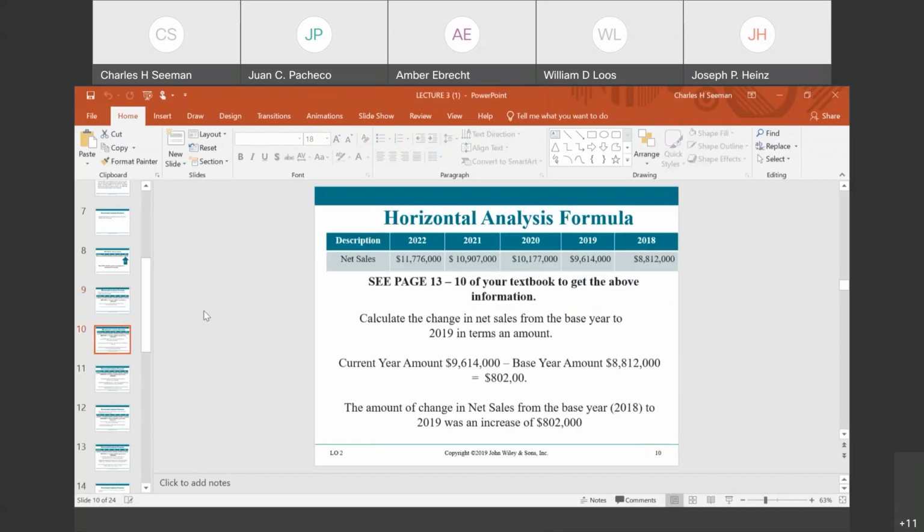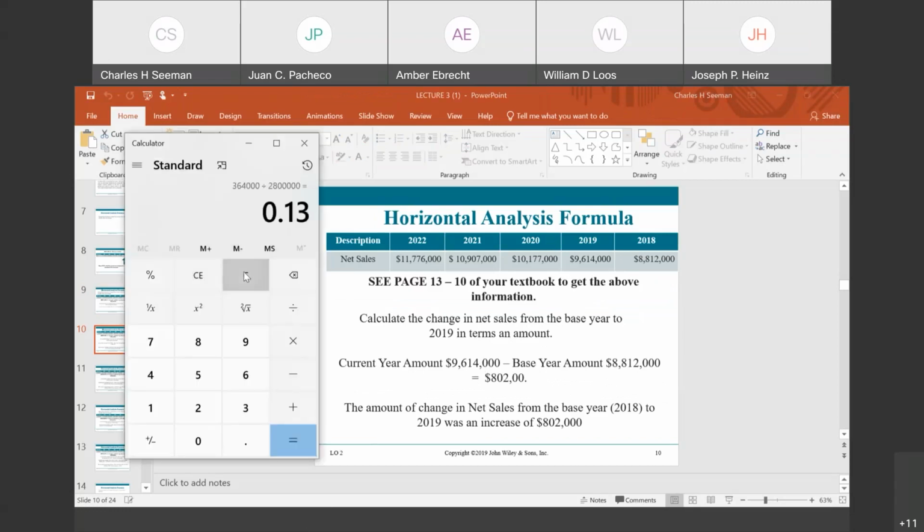The percentage change will be the 9614 minus the 8812 divided by the base year. I have the calculator showing up.